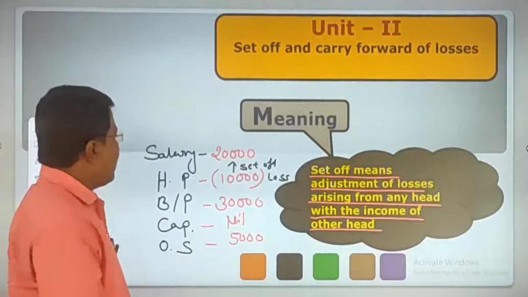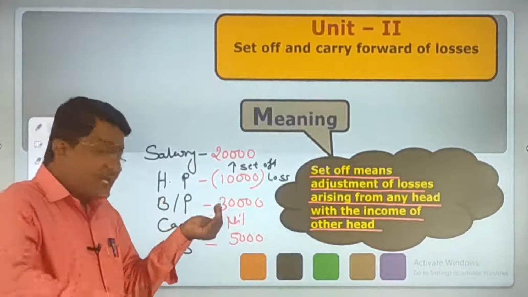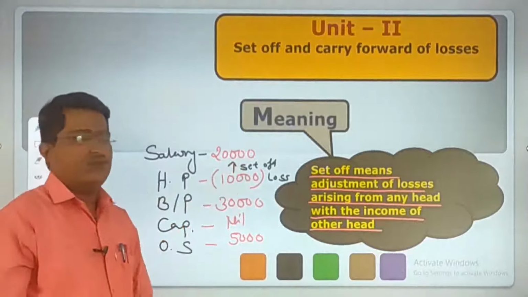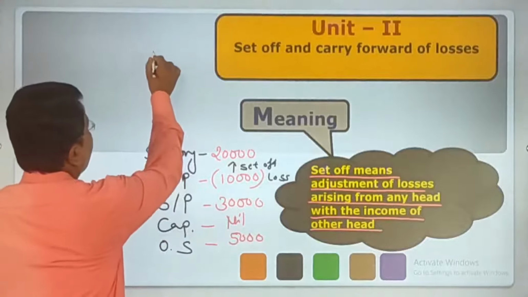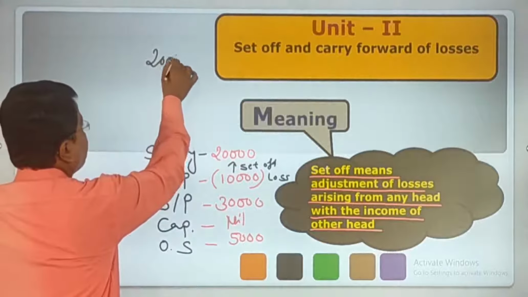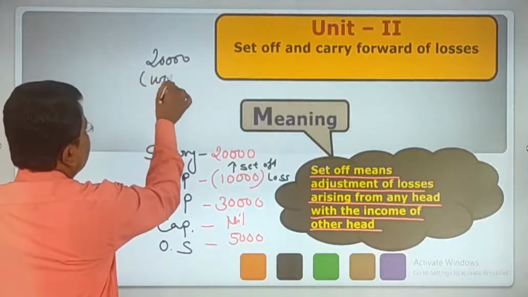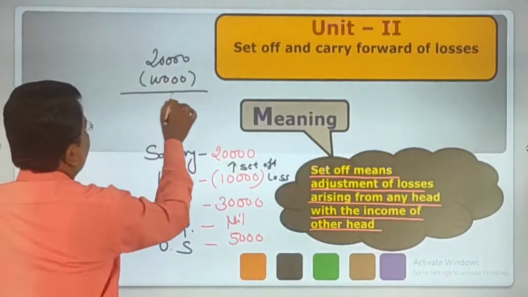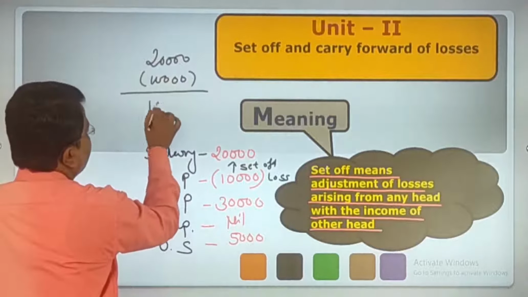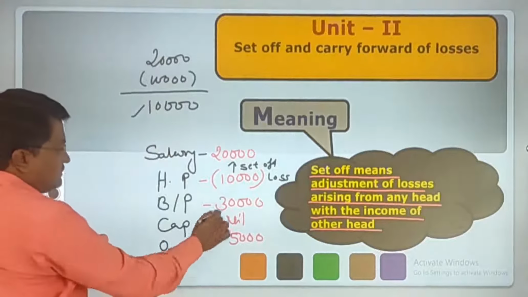So now what happened? Income from salary is 20,000. I deduct 10,000 from that. Out of this 20,000, I deduct 10,000, so income from salary I will take here as 10,000.